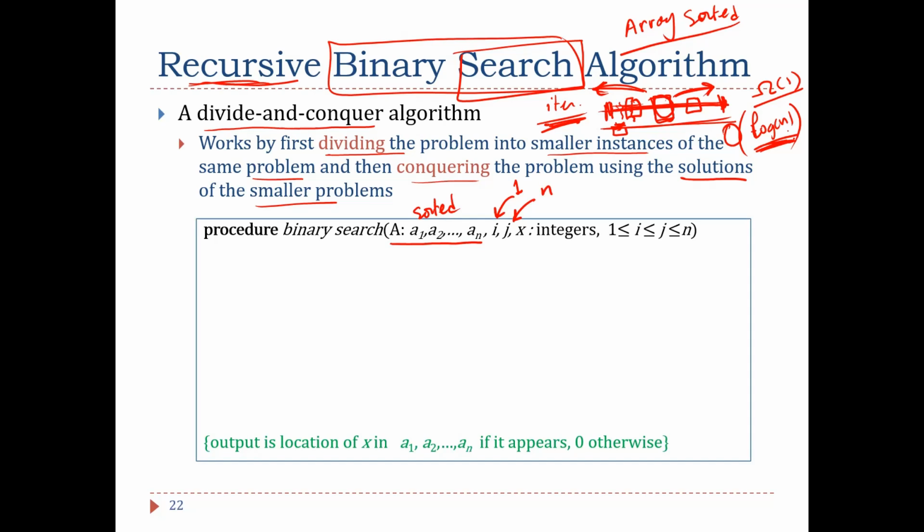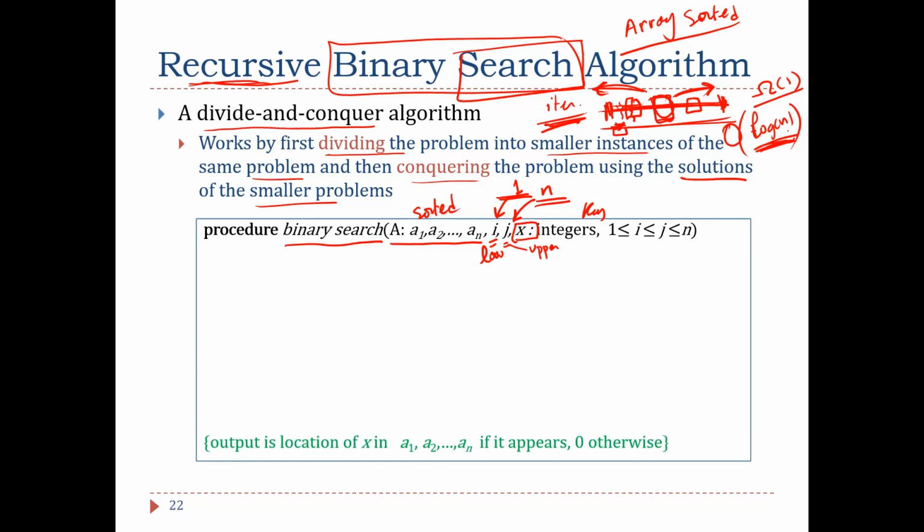But to be able to call this function recursively by itself, we work with two parameters, which I would like to call the lower index, or the lower limit or the start index, and j to be the upper bound or the end index of the section of the array at which we are looking. At first we are looking at the whole array from 1 to n, and x, I would like to call it the key, the value for which we are searching.